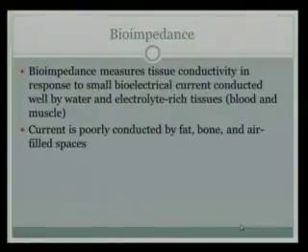Bioimpedance measures tissue conductivity in response to a small bioelectrical current. This current is conducted well by water and electrolyte-rich tissues like the blood and muscle, but very poorly by fat, bone, and air-filled spaces.